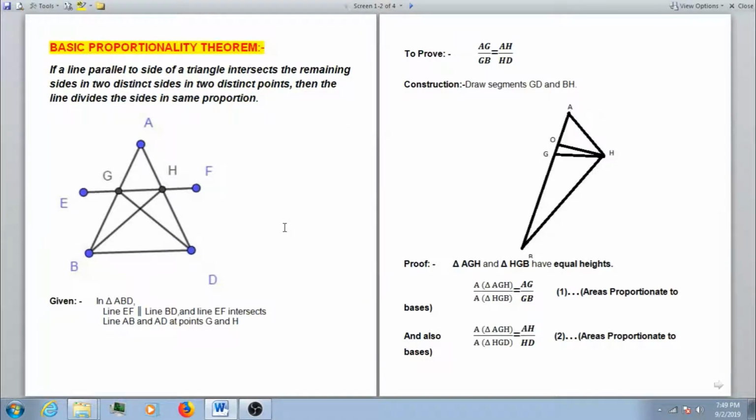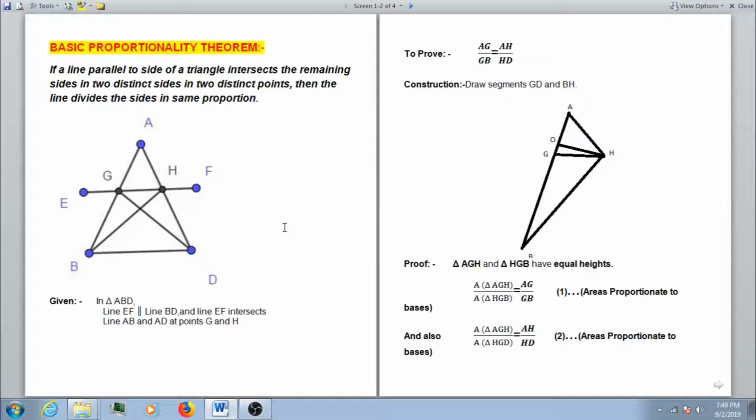In whatever theorem you are studying, or whatever standard you are in, the given and the to prove are all in the statement only. So try to read the statement very carefully whenever you are reading a theorem.